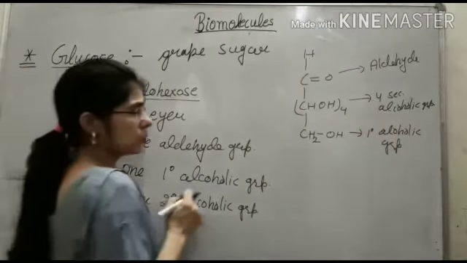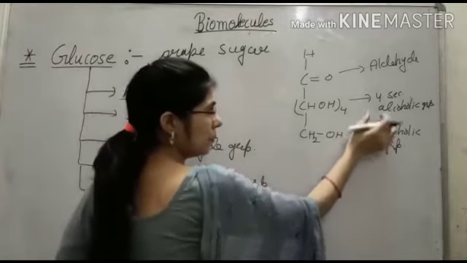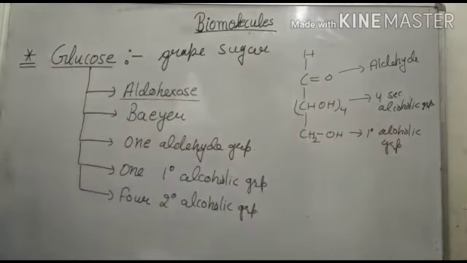Now the question is, what is the meaning of primary and secondary? A primary alcoholic group means that the hydroxyl group is present on a primary carbon atom.